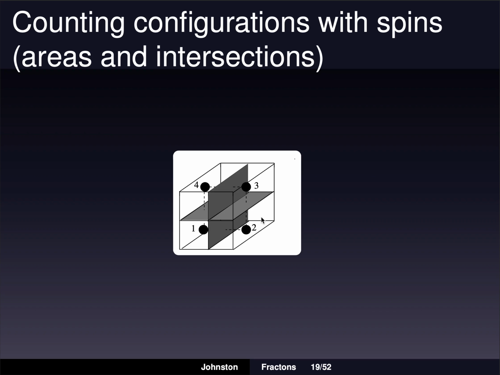So I allow interactions between nearest neighbour spins along edges, but I also allow interactions between next to nearest neighbours and plaquette interactions. So this is the first appearance of a 4-spin plaquette interaction in the story.